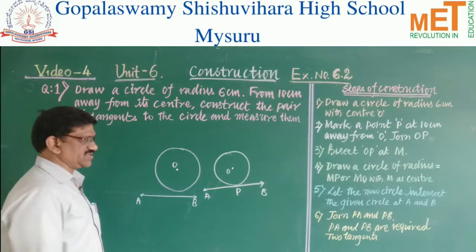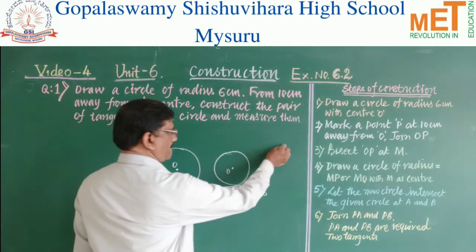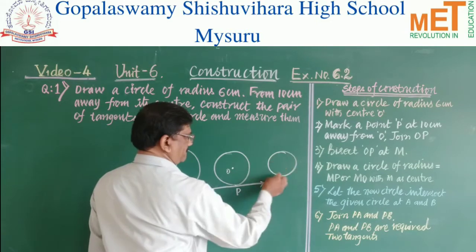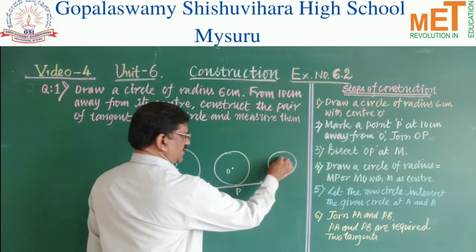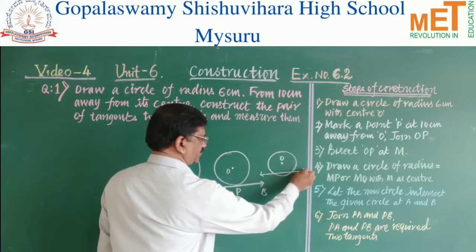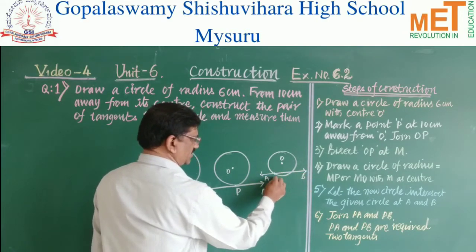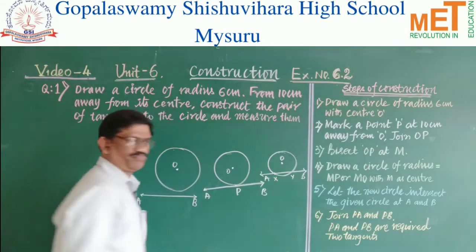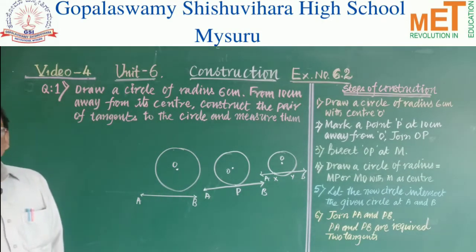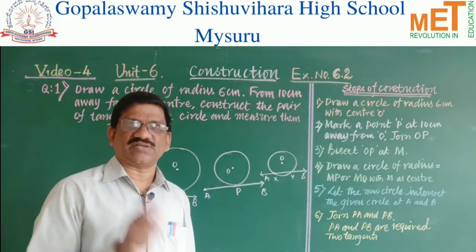And another one is we can draw a line so that it cuts the circle at two distinct points. It is A, B. Here it is X and Y. So like this we can draw a straight line with respect to the circle.